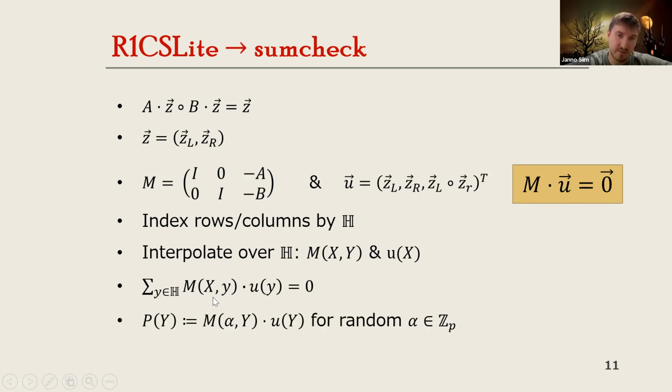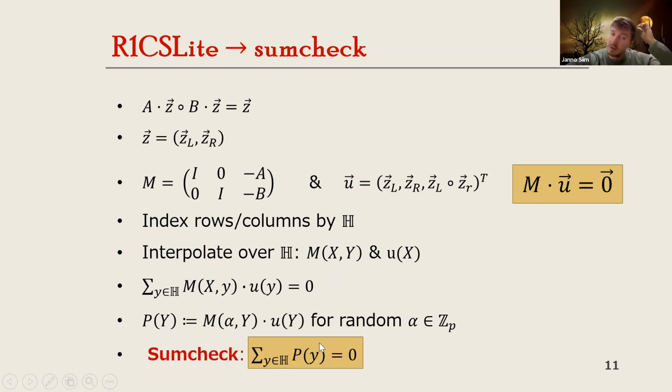What we do in the protocol is that we substitute this variable x by some random value alpha. And then what is inside the sum, you can actually write as some polynomial p(y). And then you check the R1CS-like constraints through this sum check formula.